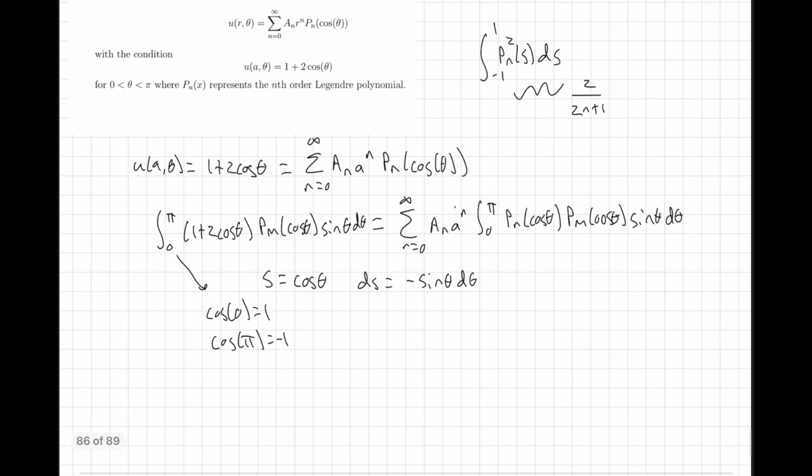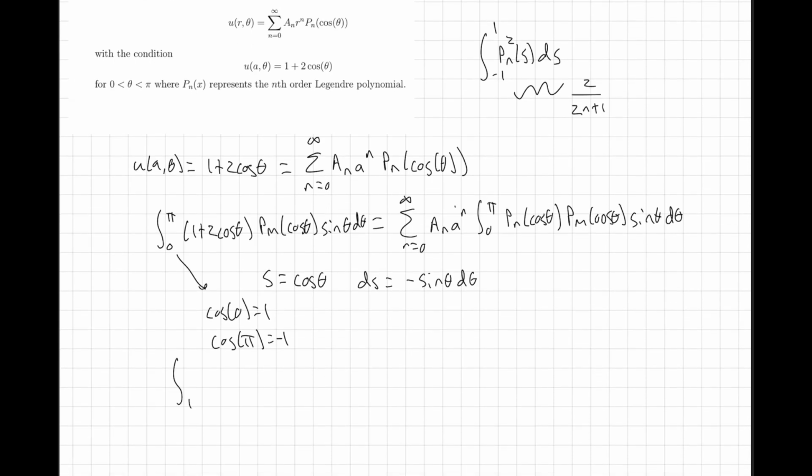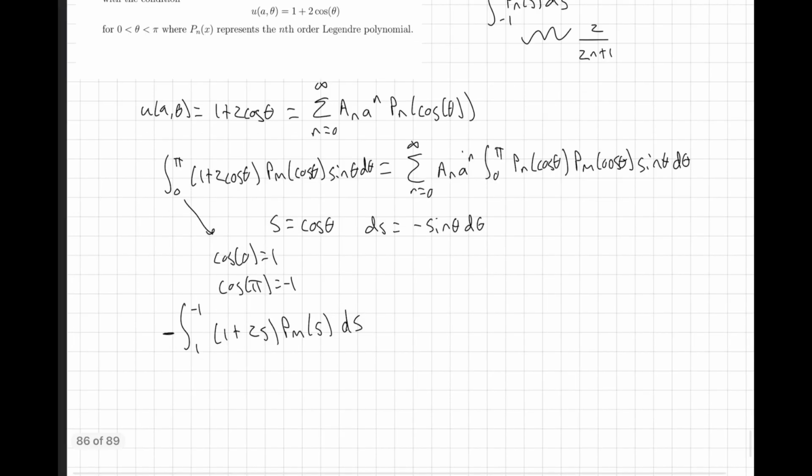So we get the integral from 1 to -1 of 1 plus 2s P sub m of s, and we divide by sine of theta d theta to get our ds, and we get a negative out front. And what this negative sign does is flip the bounds. We get the integral from -1 to 1 of 1 plus 2s P sub m of s ds.